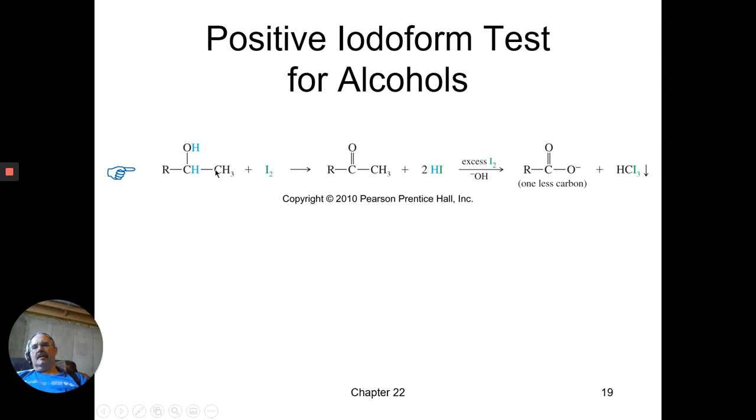And actually, if we have a secondary methyl alcohol, this actually gets oxidized to the corresponding ketone. And iodine gets reduced to iodide. So with excess iodine and hydroxide, all three of these hydrogens get replaced. Hydroxide comes in, kicks out CI3 minus, which then grabs a hydrogen from our carboxylic acid.